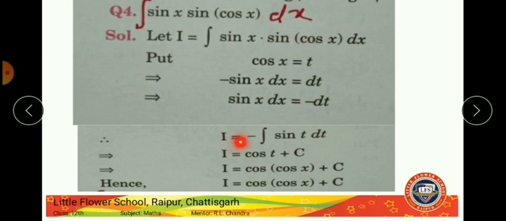I is equal to minus the integral of sin t dt.